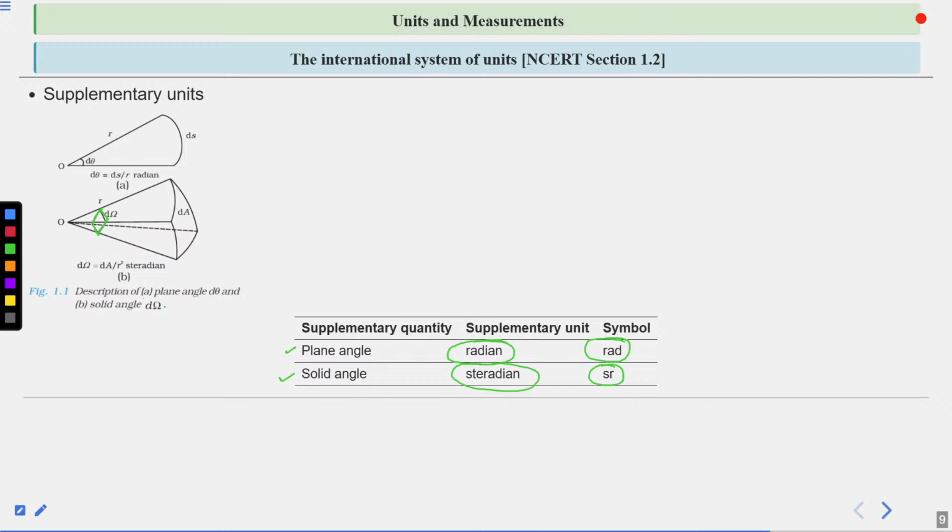So this type of angle, look at here, d omega is measured in steradian. Any doubt?